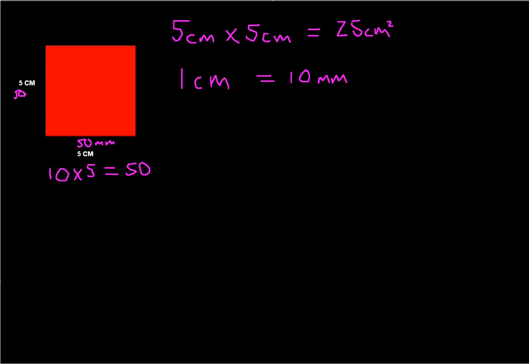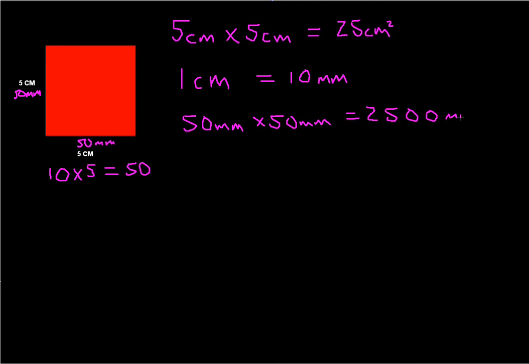From here we can do exactly the same as we did before. We can say 50 millimetres times 50 millimetres equals 2,500 millimetres squared.